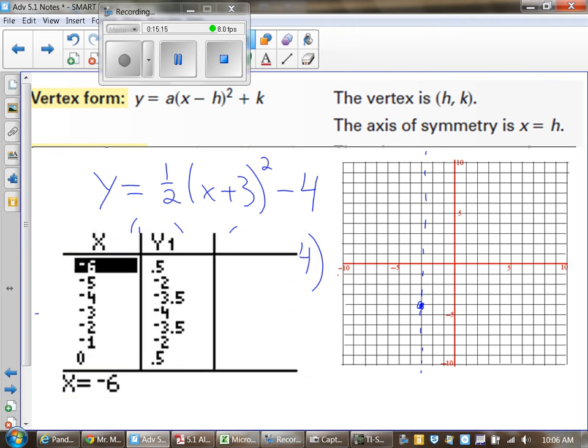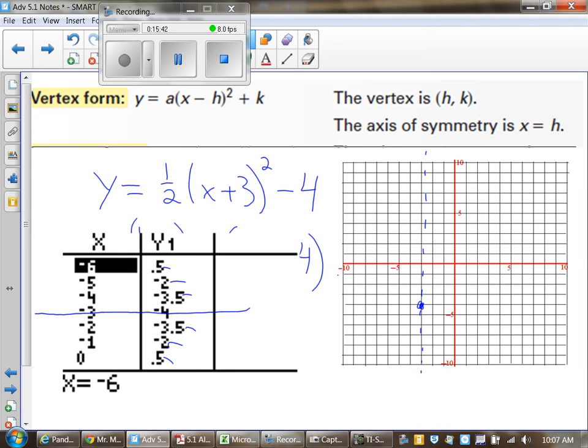Do you guys see how the axis of symmetry is at -3, -4, and then as each pair goes outward, they're the same. At 0, it's 0.5. At -6, it's 0.5. At -1, it's -2. At -5, it's -2. It's creating those symmetric twins since these are all equidistant from that axis of symmetry.